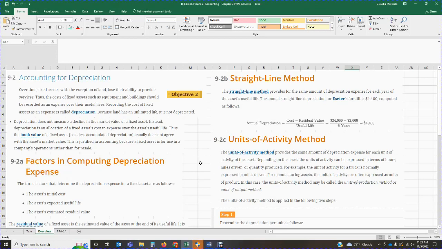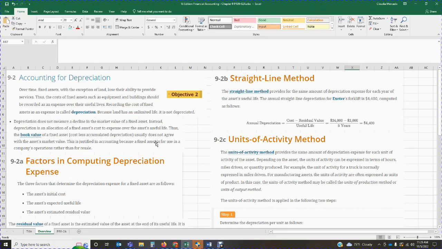According to the textbook, recording the cost of fixed assets as an expense is called depreciation. We depreciate most of our assets with the exception of land. Land is not depreciated.